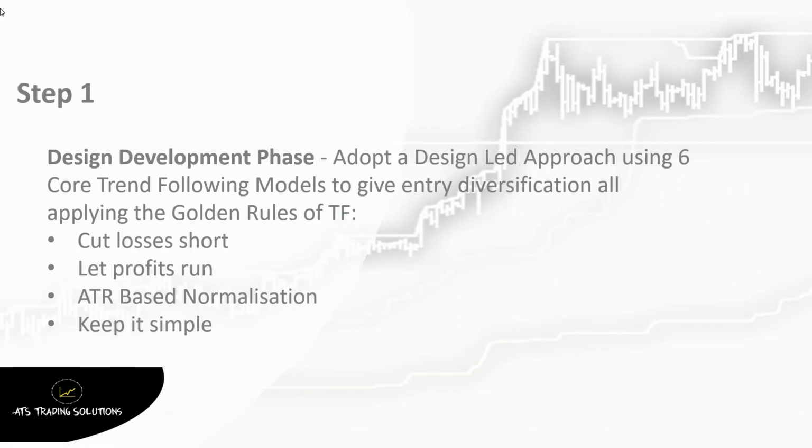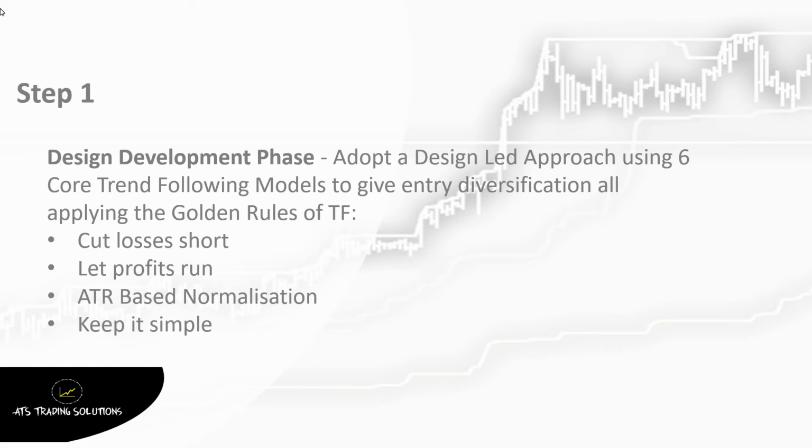So step one, we're calling them step one, but in reality there's just a number of steps in this process, is the design development phase. So what we wanted to come up with was a set of rules that we could apply across the whole universe that is pretty simple. And here we are with a list here, the golden rules of trend following: cut your losses short, let your profits run.